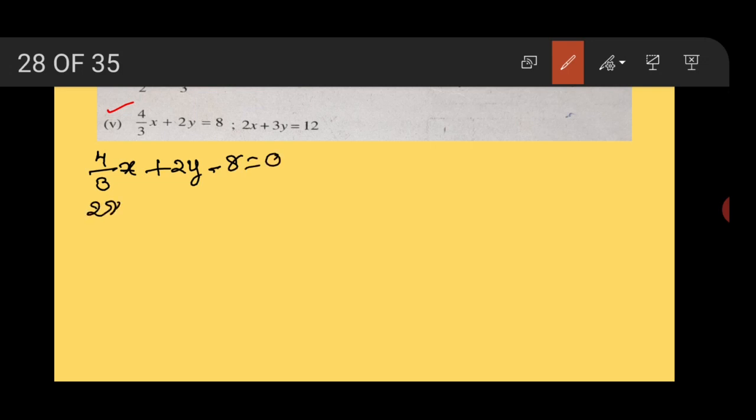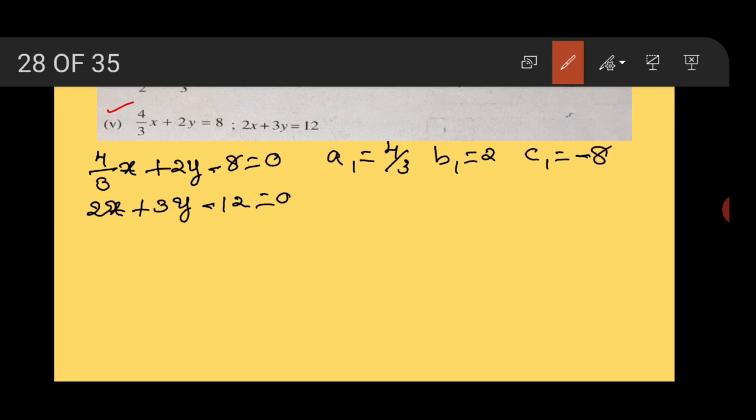Then 2x plus 3y minus 12 is equal to 0. So a1 is equal to 4 by 3, b1 is equal to 2 and c1 is equal to minus 8, a2 is 2, b2 is 3, and c2 is equal to minus 12.